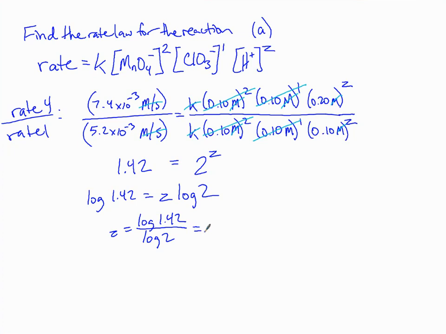And we come up with one half. And so that tells us that H plus is the 1/2 order. So Z is 1/2. And so I come back up here. Hydrogen is to the 1/2.